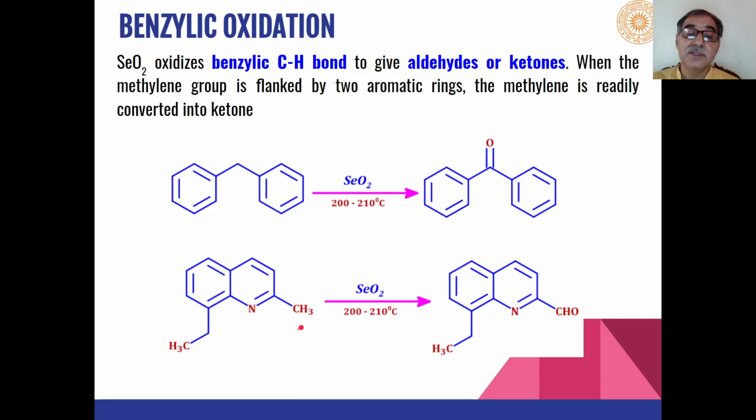Similarly, in this case, this type of quinoline is oxidized by selenium dioxide to the respective carbonyl compound. So this methyl group is oxidized to an aldehyde as the product.